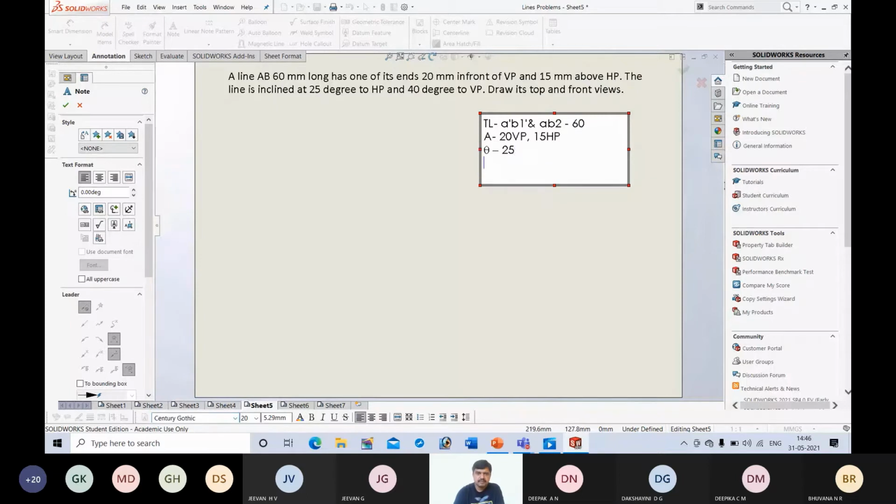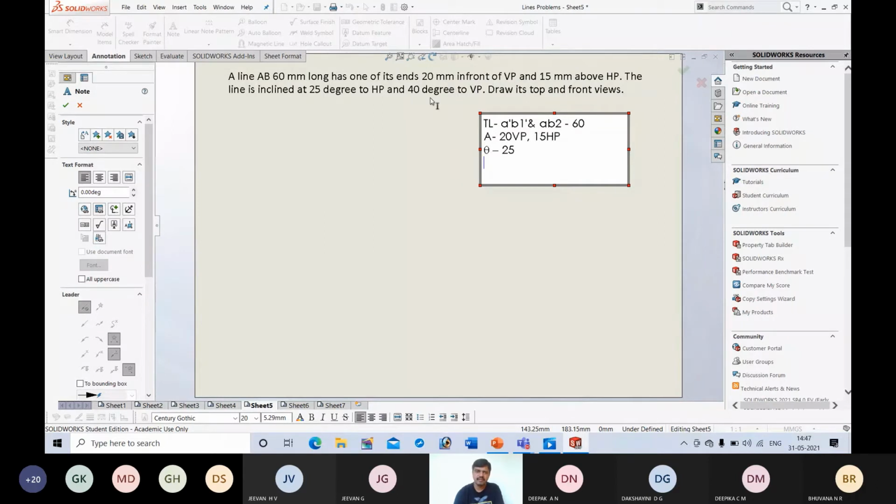Next, 40 degree to VP. So the line is inclined at 40 degree to VP. Here also they have not described this as in top view line is inclined at 45 degree to VP. If that is the case, this is a false inclination. But here also they have not referred to any of the views.